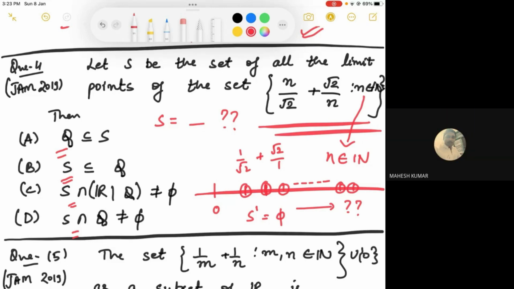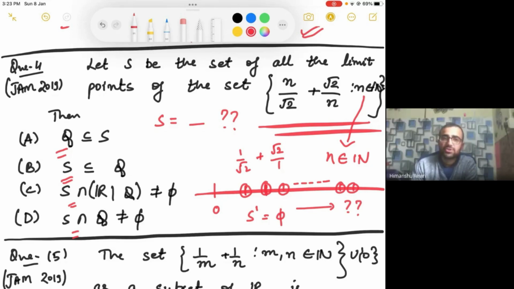Yes. Okay, so then how will you claim that this limit point set will be empty? So this is my claim. If this is true, then this is incorrect, and this is incorrect. Then option B is correct.